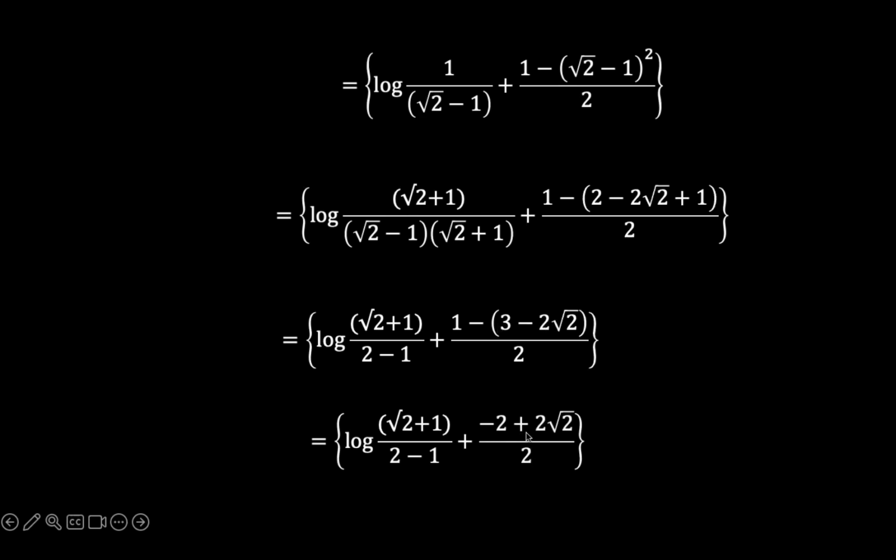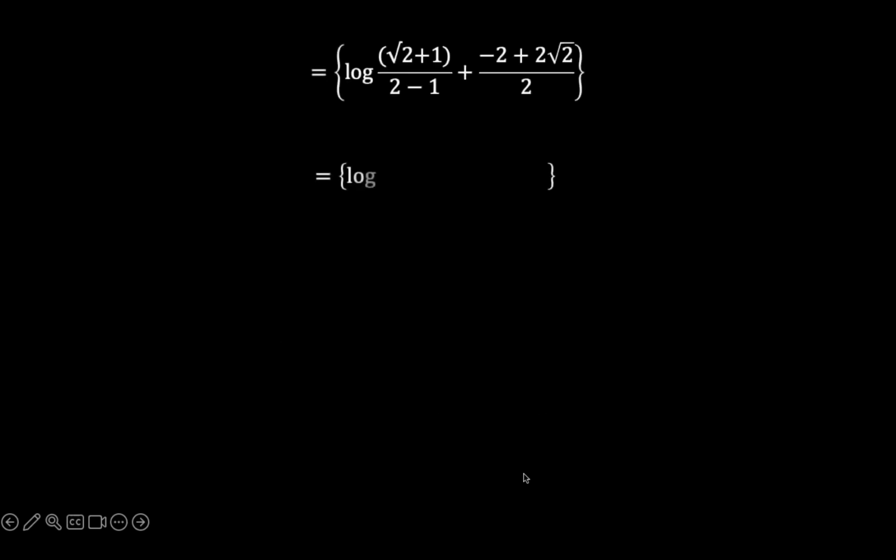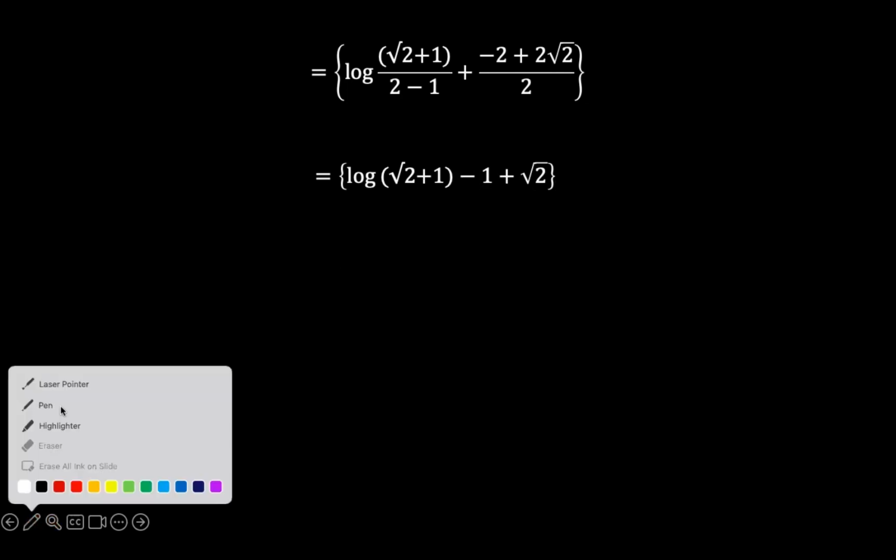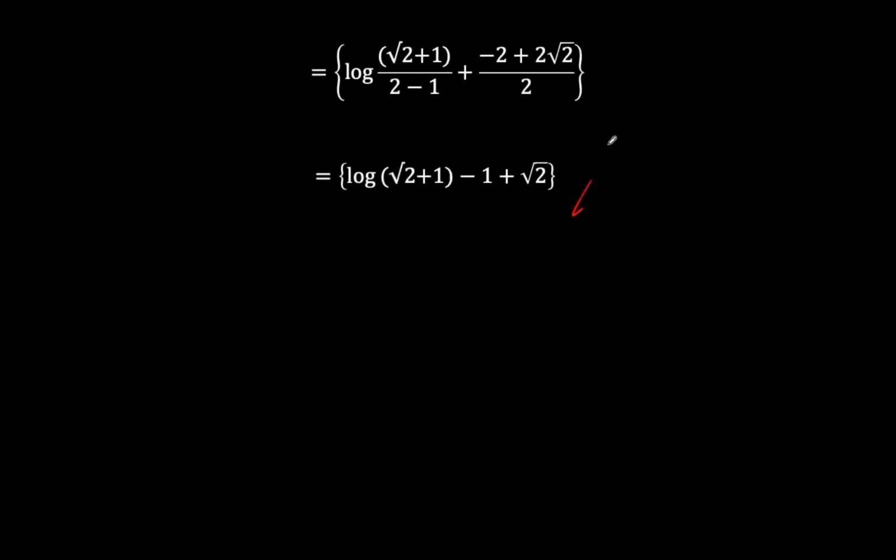Negative, negative, we have positive, so we have 2 root 2. And this 2 and 2 cancel. So eventually, since 2 minus 1 is 1, we have the natural logarithm of the square root of 2 plus 1, minus 1 plus root 2. And this here, my friends, is the answer that was provided.